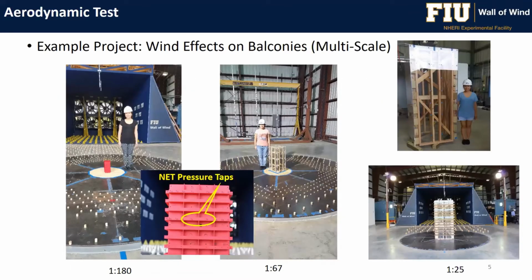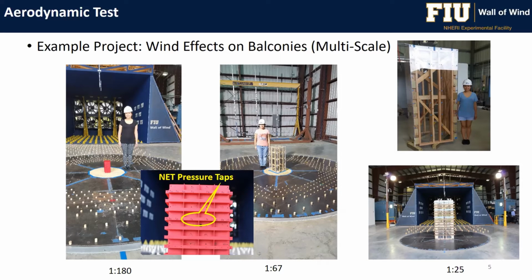Another example that I think briefly Arindam mentioned yesterday is wind loads on balconies. Again, this was initiated by interaction with industry and the damage we observed following some extreme events in South Florida. You can see the example of using different scales here.